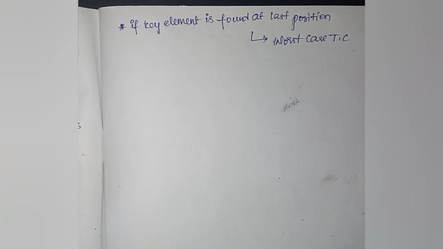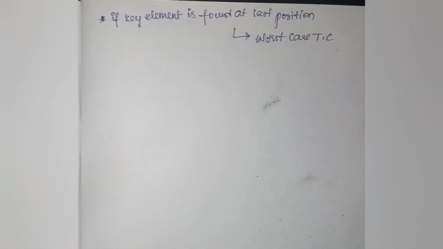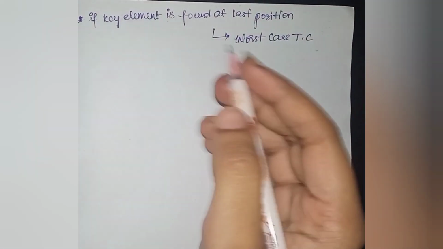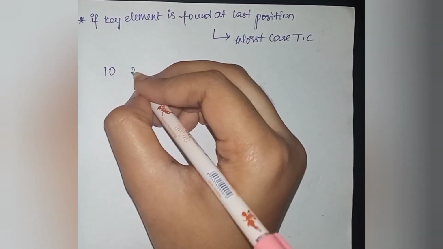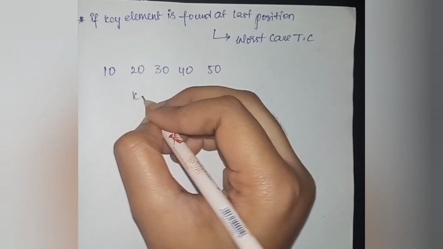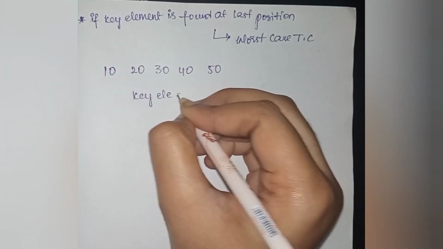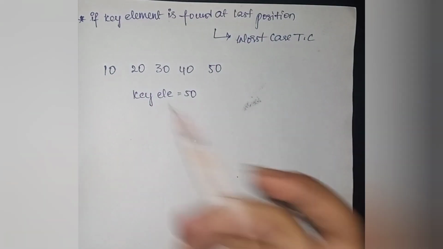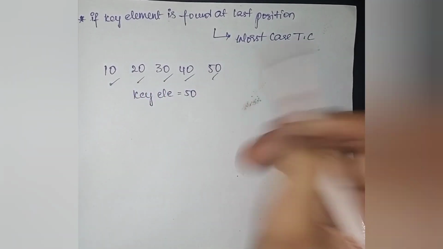So how can you say that it is a worst case time complexity? For example, this is my array 10, 20, 30, 40 and 50, and my key element is 50. So I need to compare it with each and every element in the list.